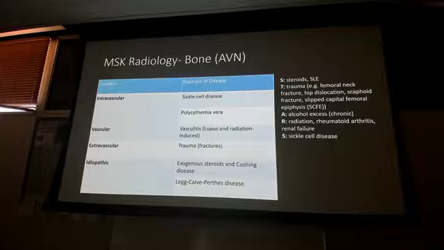You'll learn what polycythemia vera is. Trauma fractures, that's mostly what we're going to talk about here. Chronic alcoholism, rheumatoid arthritis we will talk about. Renal failure.